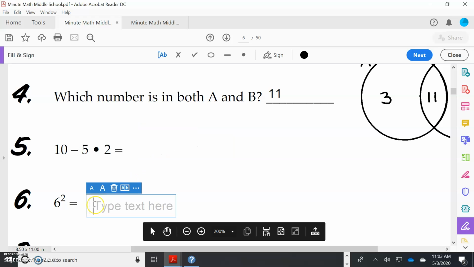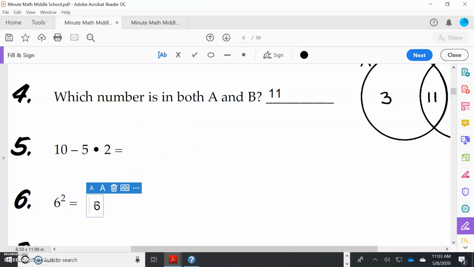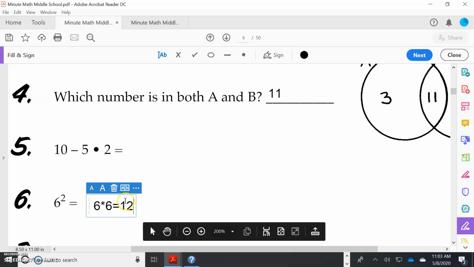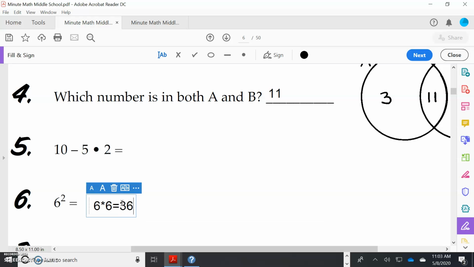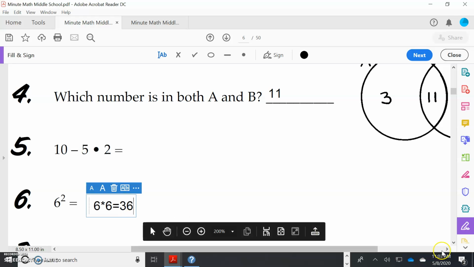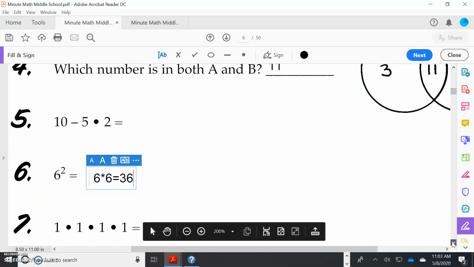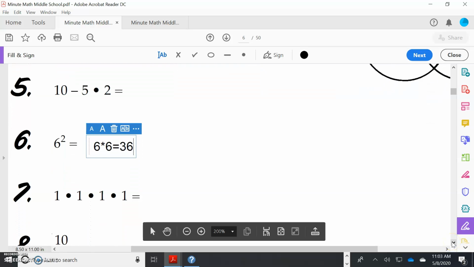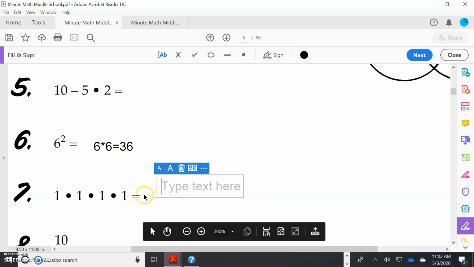Okay, down here, 6 squared is 6 times 6. 6 times 6 equals what? Oh, that's not right. See, you almost let your teacher trick you. That's 6 plus 6, guys. Come on, we're seeing who's paying attention. 6 times 6 is 36. 1 times 1 times 1 times 1 times 1 is what?